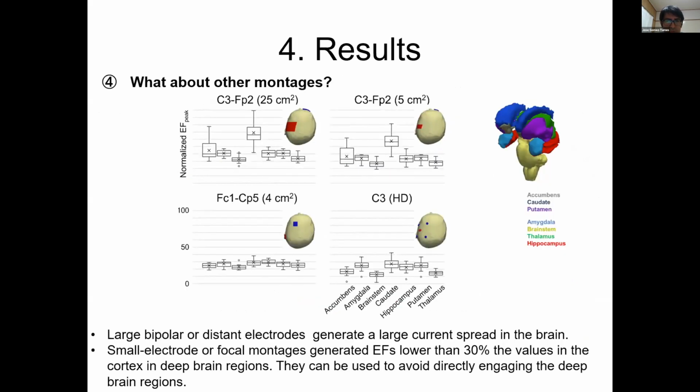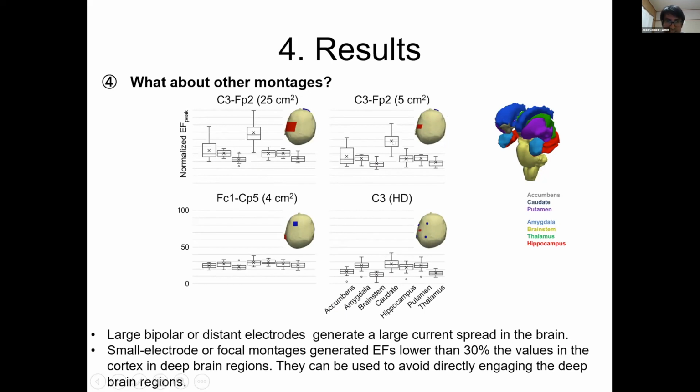Then what about the other montages? Here we are only using large bipolar or distant electrodes, to make a high dispersion, so basically we can reach deep brain regions with a high current. By using a large electrode, for example 5 by 5, or by using only 5 square centimeters, for both cases, even large or small electrodes for a bipolar montage, we have a similar distribution.